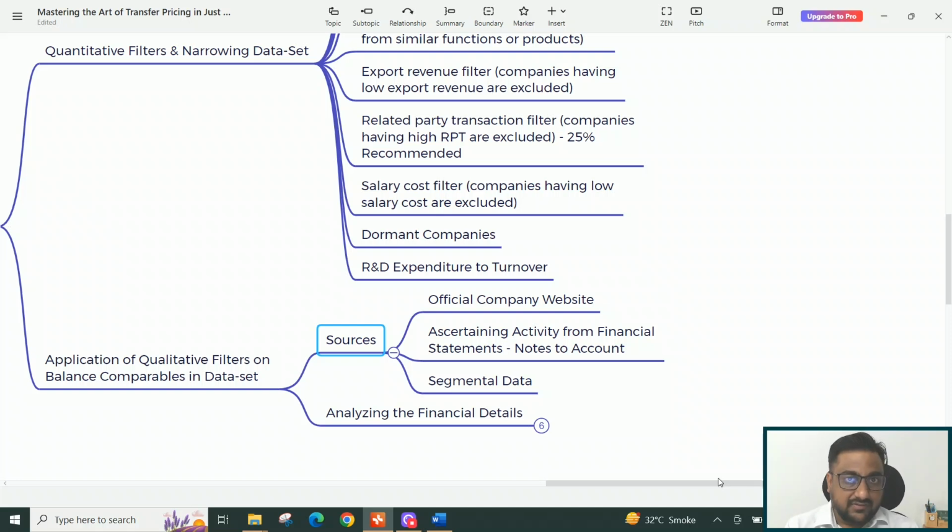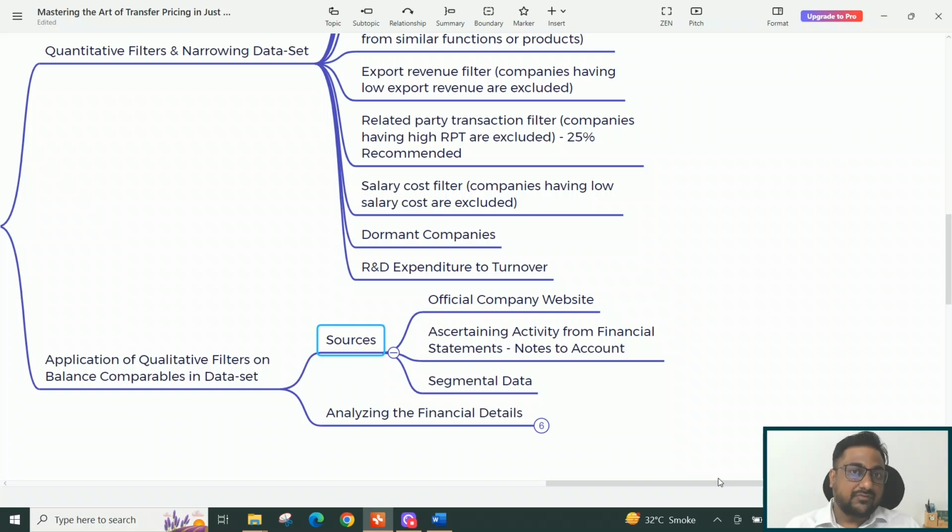If that is available, you should use the segmental data, and then it's on your judgment basis there also. You need to understand from where this company is getting revenue. As we also discussed, more than 75% of revenue should come from the operations which your tested party is also doing, right? If the ratio doesn't match, you should go ahead and check for segmentals also.